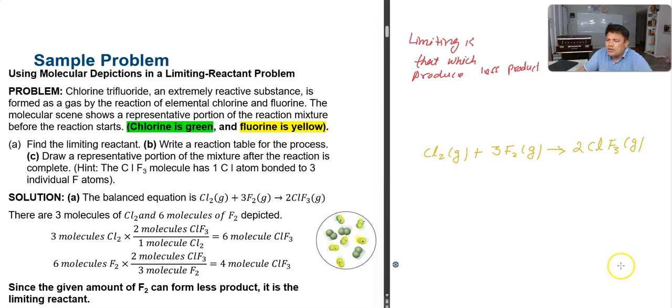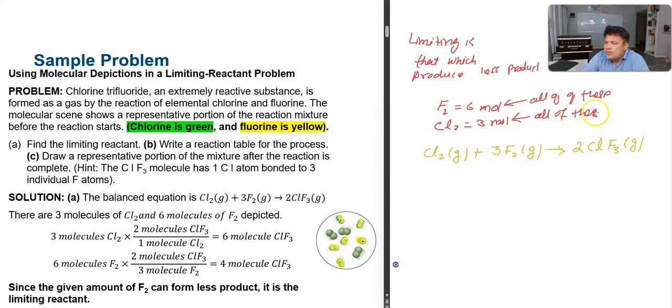Okay, so what does it mean? So you have fluorine equals 6 mole, chlorine equals 3 mole, and if you use all of these, then how much product can form?